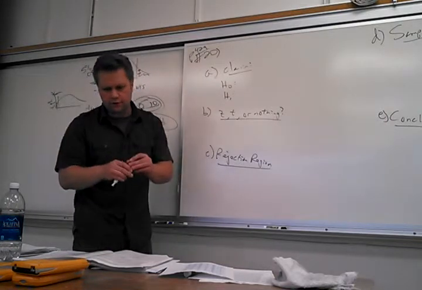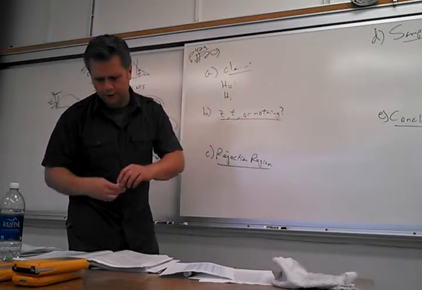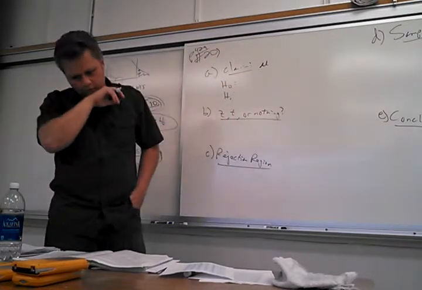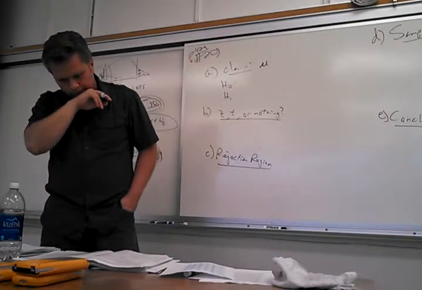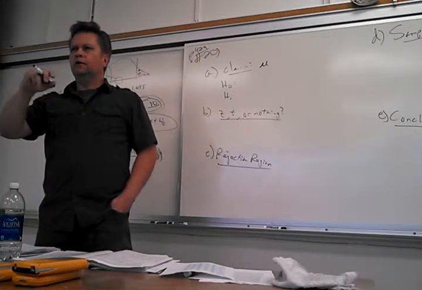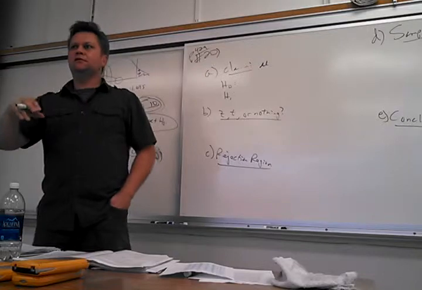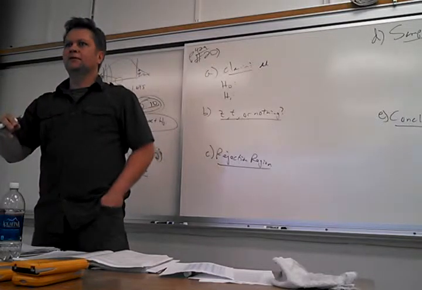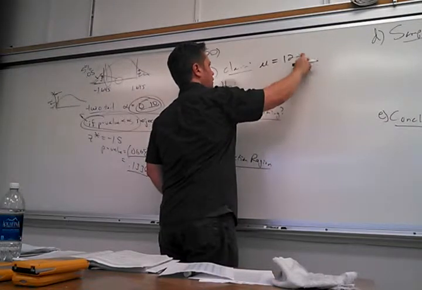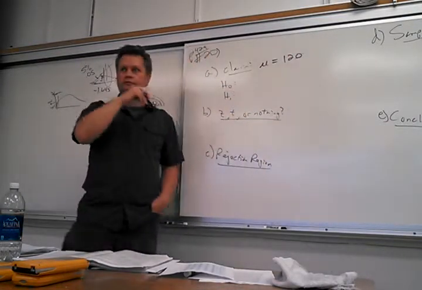So let me catch up to you guys a little bit. What's the claim in Mathish? They actually spell it to you in the exact English translation for math. Mu is equal to 120. You gotta love it when they just say it directly, right?